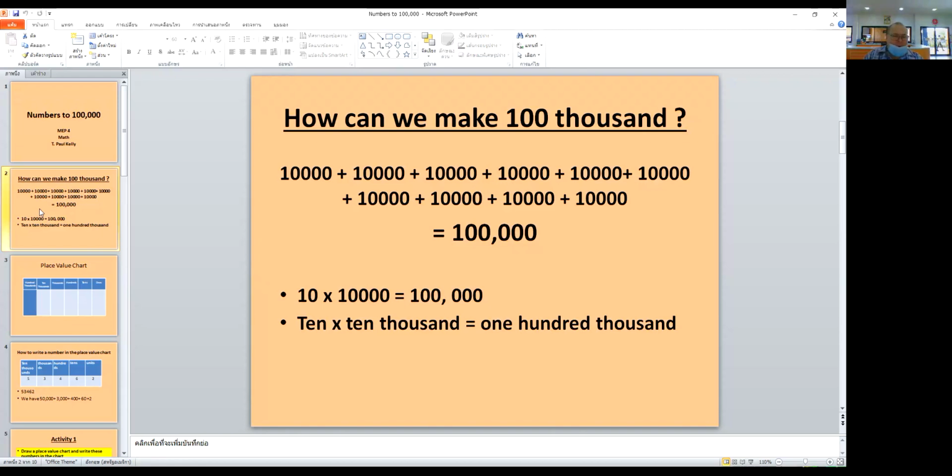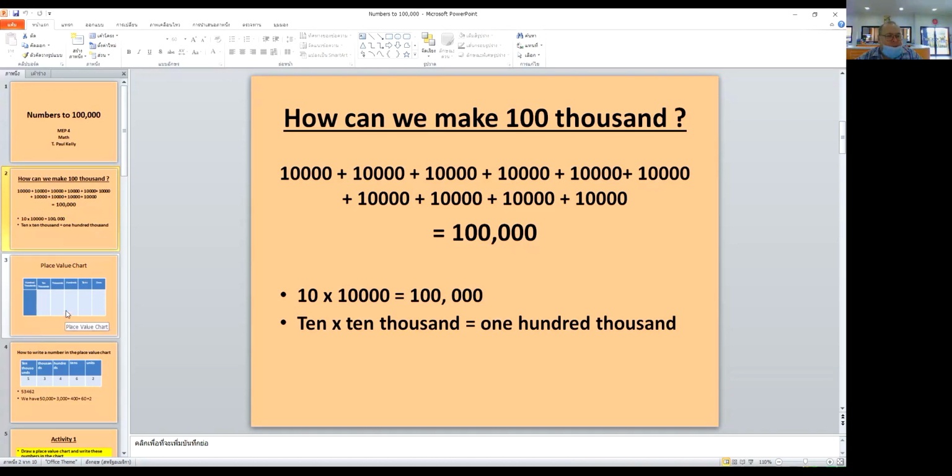So if we can count 10,000, 20,000, 30,000, 40,000, 50,000, 60,000, 70,000, 80,000, 90,000, 100,000, we can get to 100,000. In primary 4, you're going to be learning about numbers up to 100,000. From 10,000 to 100,000, we have just added another 0.